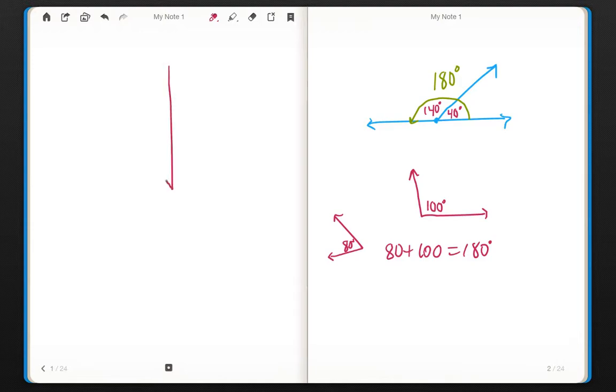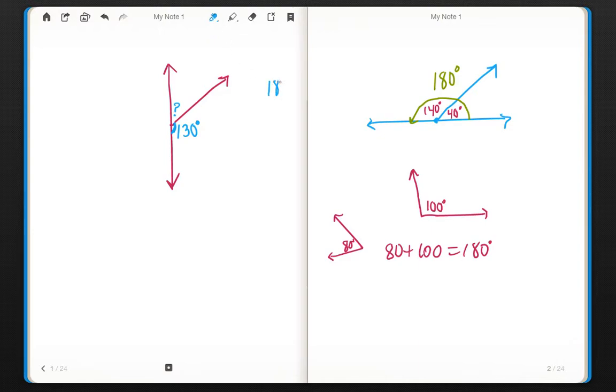Okay, let's just practice something kind of like this again. Let's say I have a line going vertically, and then I draw a line coming up here, and I tell you that this angle here is 130 degrees. That's this angle, the big one, the obtuse. And you have to find this one. Well, it makes a straight angle, and we know straight angles are 180.